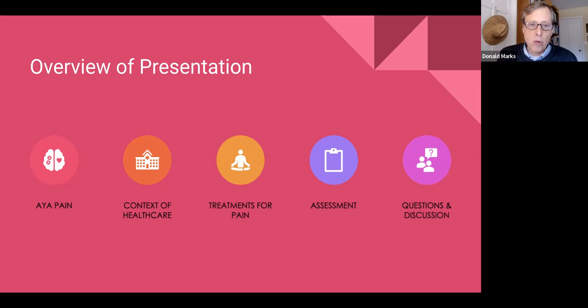We're going to look at chronic pain treatment in the context of healthcare, and then specifically at psychological treatments, some of the evidence-based psychological treatments for pain. Given the time that we have, it's going to be pretty broad brush with that. I'm also going to talk a little bit in that segment about some important treatment considerations, particularly having to do with relationships and family. That's a significant consideration when working with younger people, obviously.